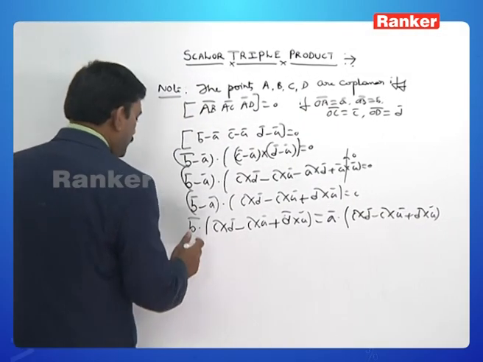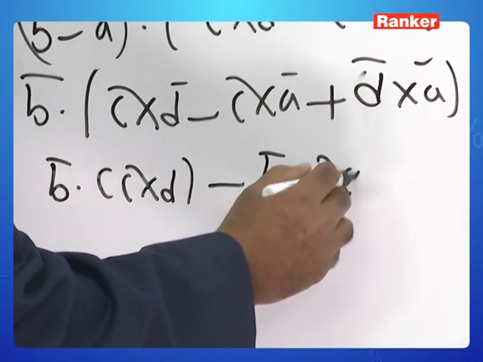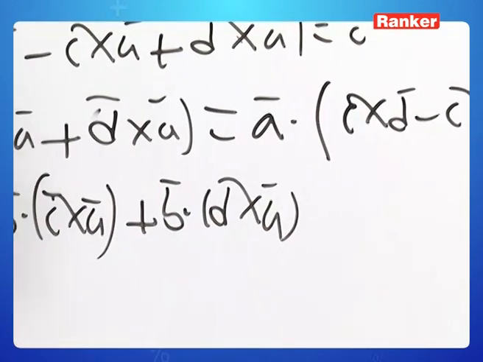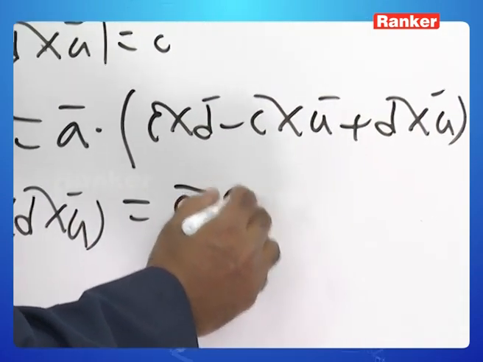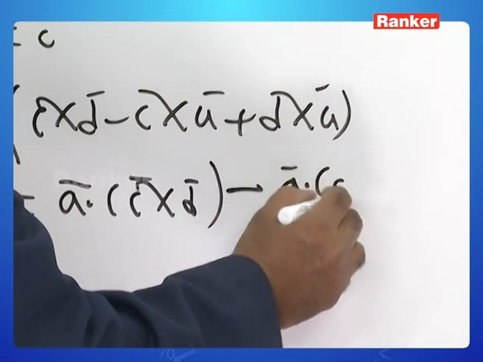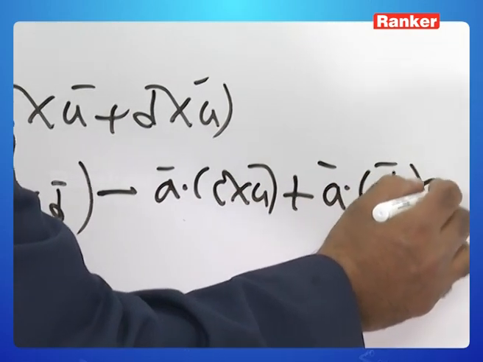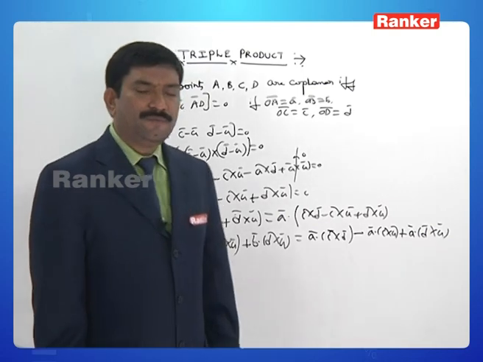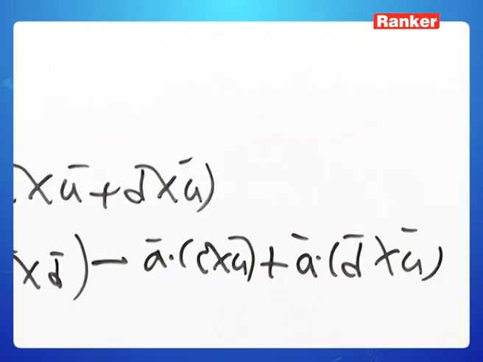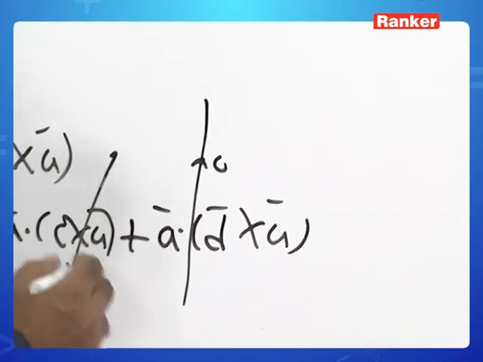So therefore, now this becomes B dot of C cross D minus B dot of C cross A plus B dot of D cross A. Now this is nothing but A dot of C cross D minus A dot of C cross A plus A dot of D cross A. In a scalar triple product, if two vectors are identical, the value of the scalar triple product or box product is equal to 0. Therefore, this is 0, this is 0, right?